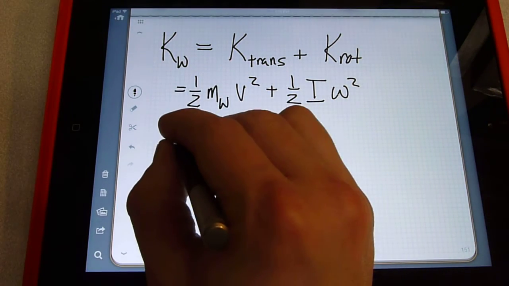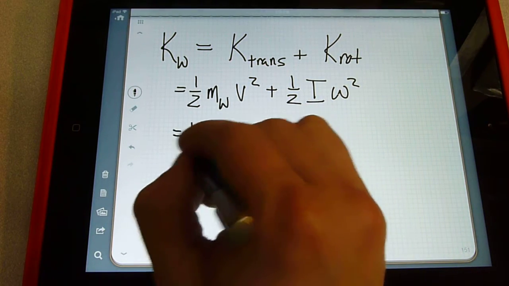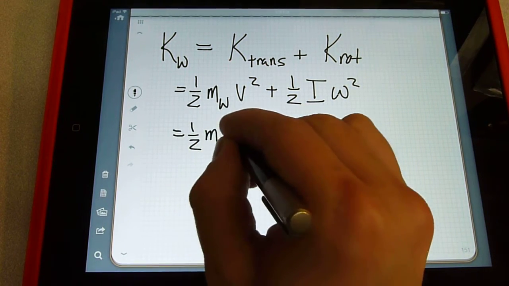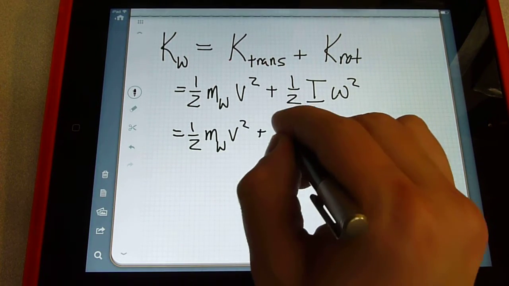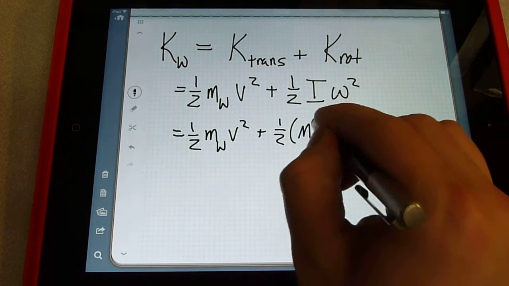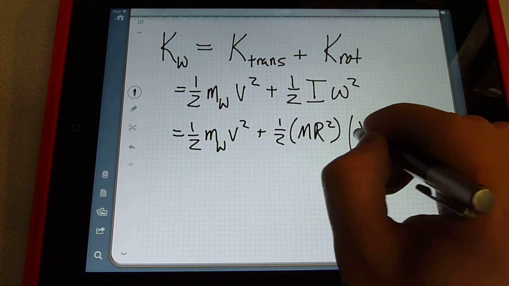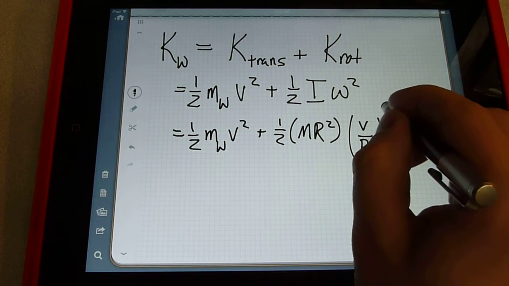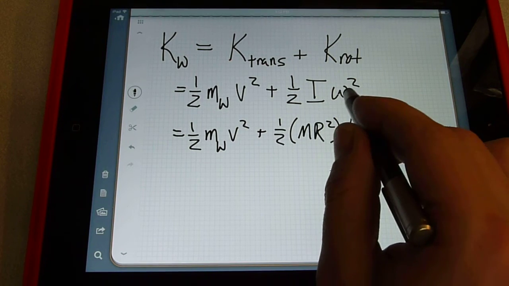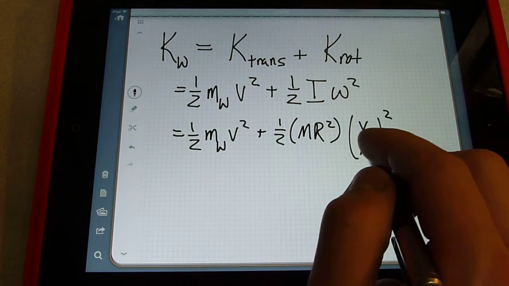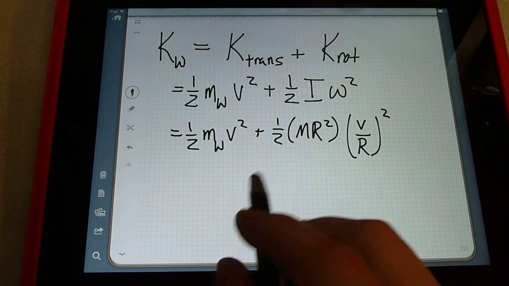So we can substitute. The first term won't change: 1/2 mass of the wheel times velocity squared, plus 1/2 times our moment of inertia, mr squared, and then we'll use that same rolling without slipping condition where v is equal to omega times r, so we rearrange that to omega equals v over r.